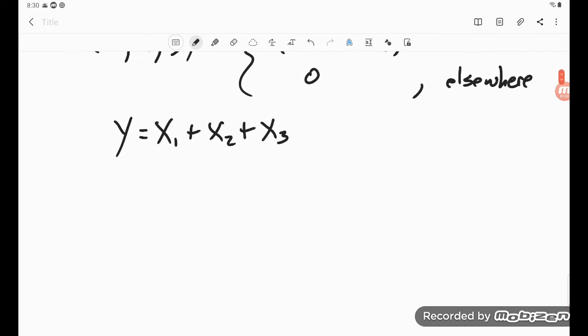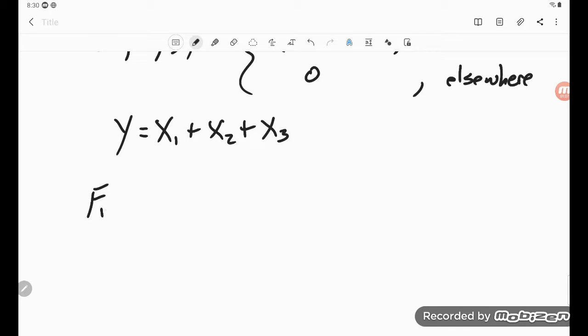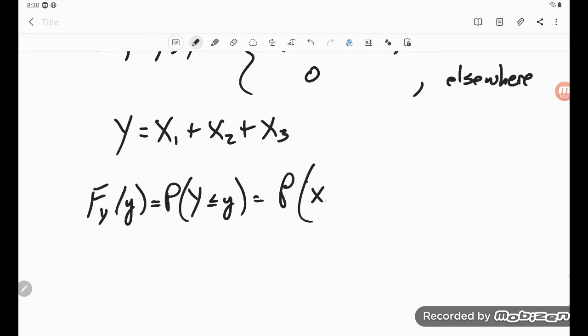So again, you go through that same thing. F_Y(y), that's the probability that Y is less than or equal to little y, but that's just the probability that x1 plus x2 plus x3 is less than or equal to little y.